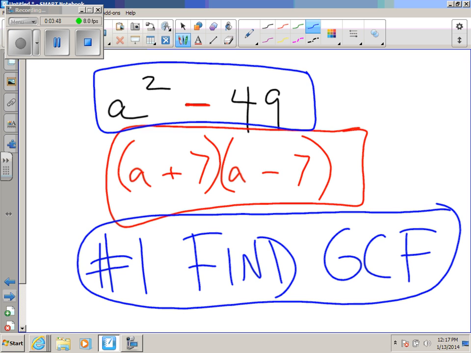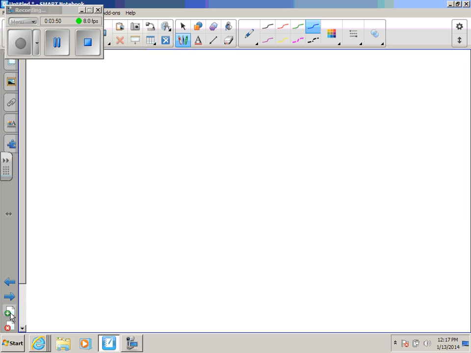Now, however, let's take a look at one like this. 2a squared minus 98.